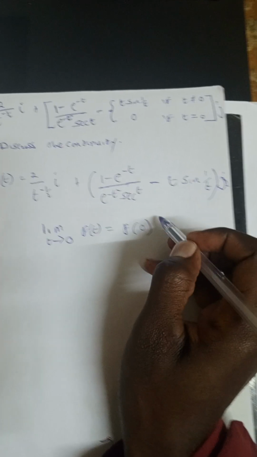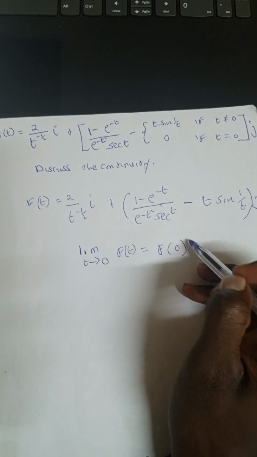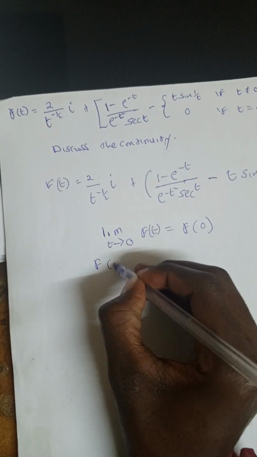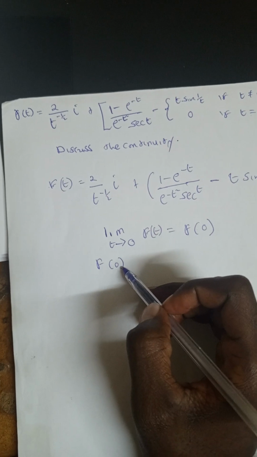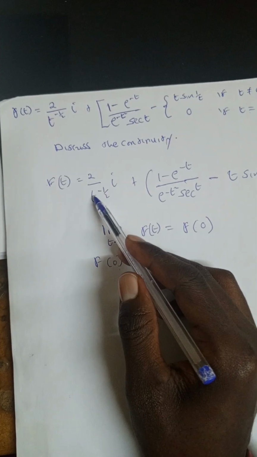So this condition must be equal to this. We are going to start by proving the first condition, which is f(0). Wherever there is t, we are just going to replace it with 0.